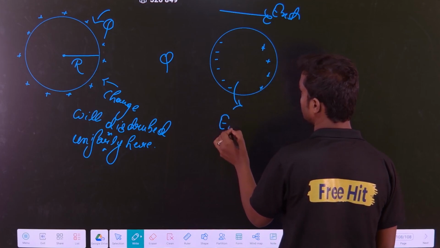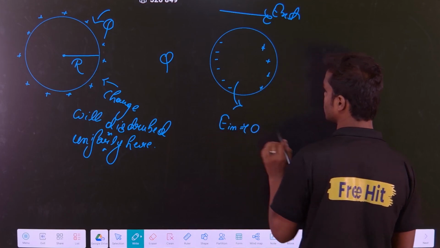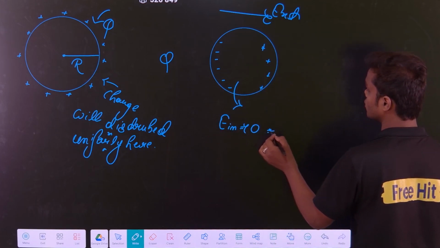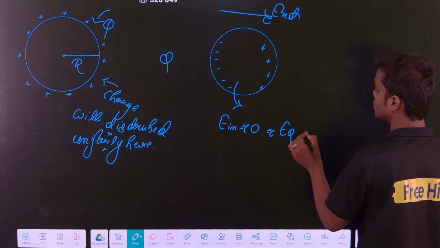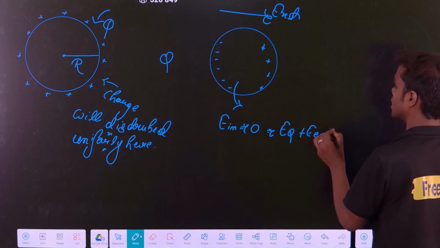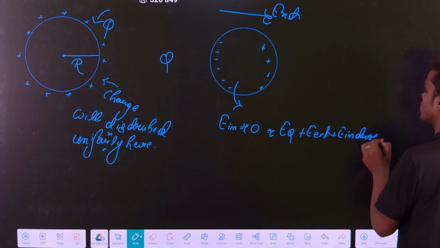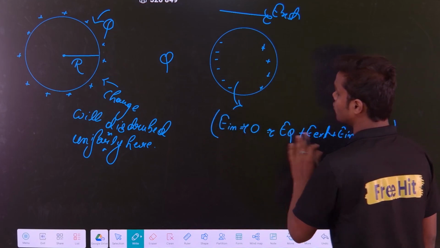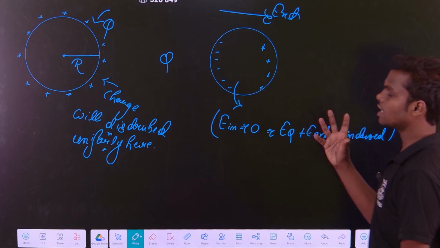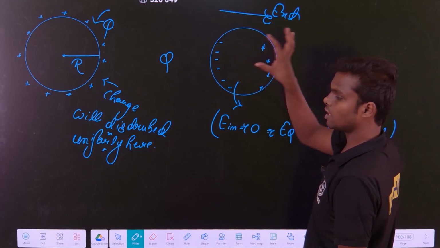If I find the E internal, it will be 0, due to E due to Q plus E due to external plus E due to induced charge. The sum of all these will be equal to 0. So my E net inside is 0.